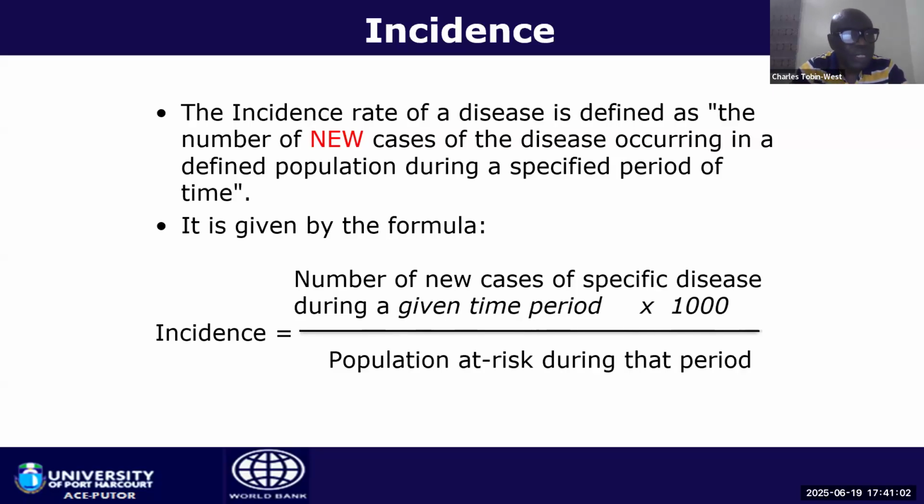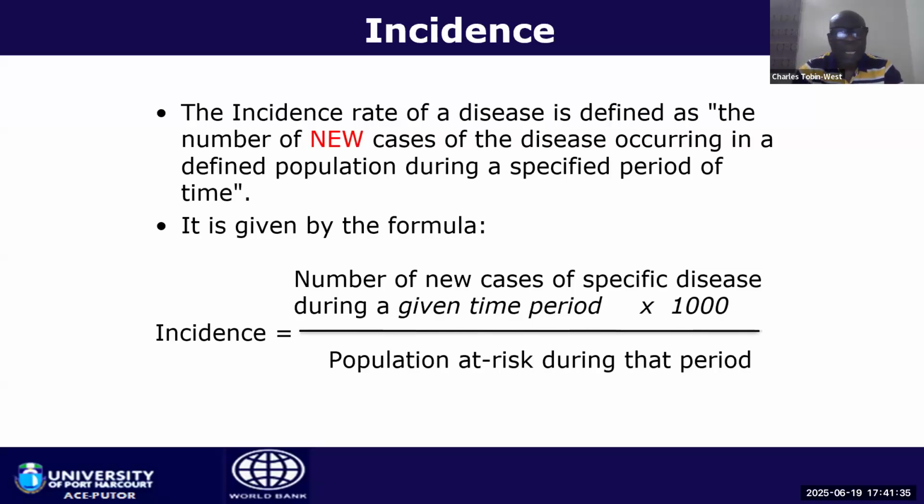Unlike crude rates, where we use mid-year population, here we are saying population at risk. The reason is that not everybody is at risk of a disease. There are some diseases or variables where everybody is at risk. Maybe if you're talking about crude death rate, everybody's at risk of dying because it's universal. That's why you use a mid-year population of everybody.